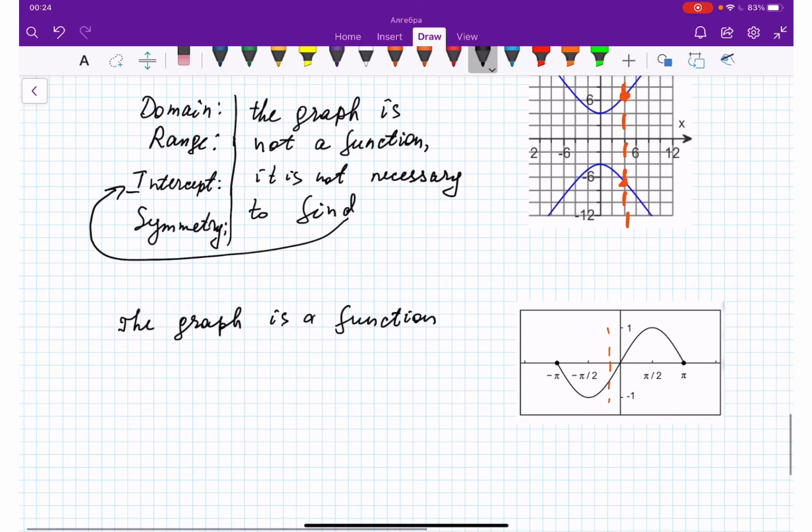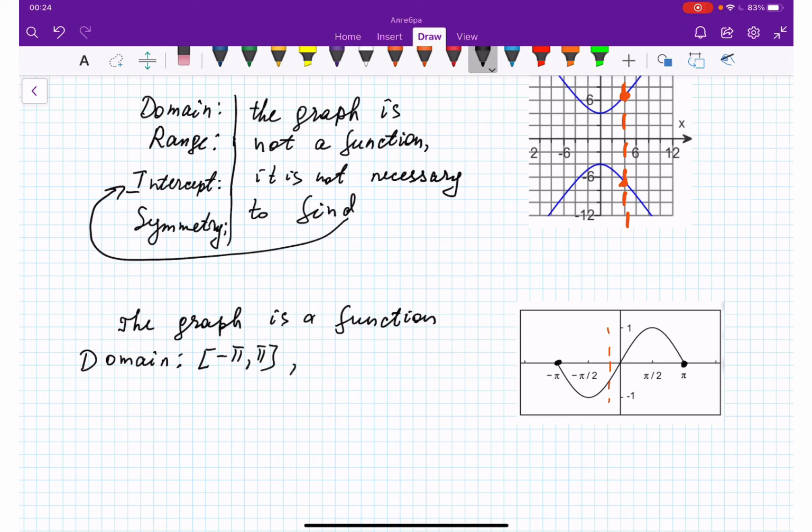Okay, the next question, we are going to identify the domain. Domain is all possible values of x. So look, from this point to this point, it's a solid point, which means it's going to be a square bracket, from negative pi to positive pi, right? So negative pi, positive pi.